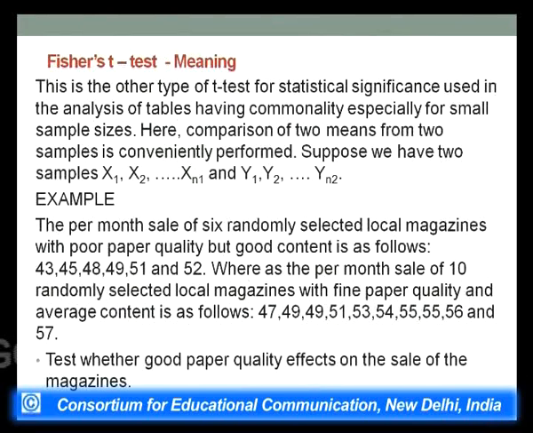The Fisher t-test was developed by Mr. Fisher, and he found that it can be used for small sample sizes, because the student test is basically meant for bigger sample sizes. And here we compare two means from two samples.